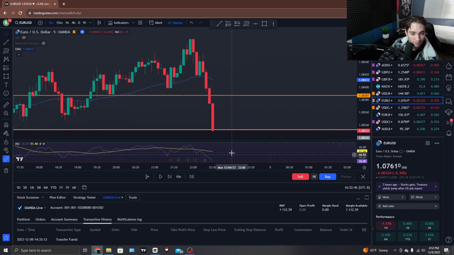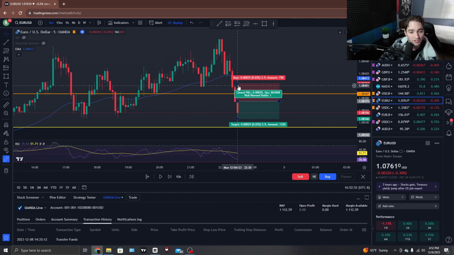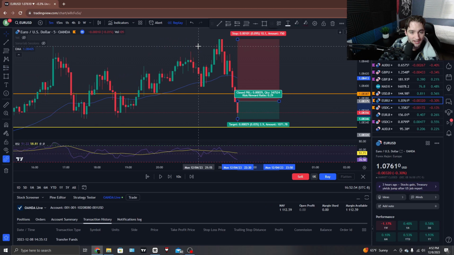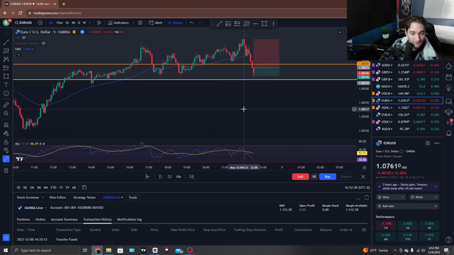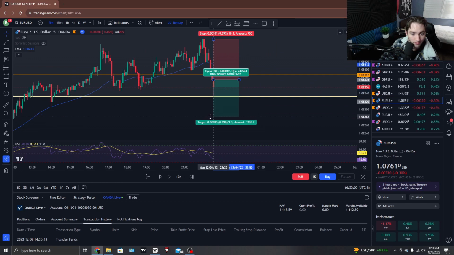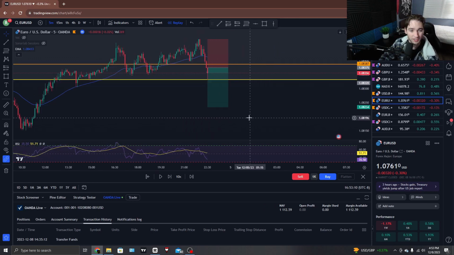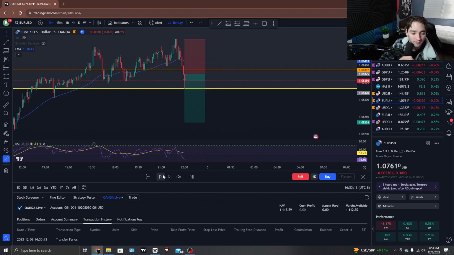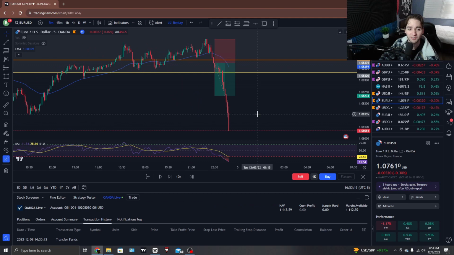Now, since we broke that, we're going to go ahead and put our sell here with our stop all the way at the recent high, or in our zone, the highest high in our zone, and then we're going to go for a 1 to 4. So you can go to a 1 to 4 there, and let's see what the market does here potentially. Let's go ahead and skip this here. Boom, easily reaching targets here.